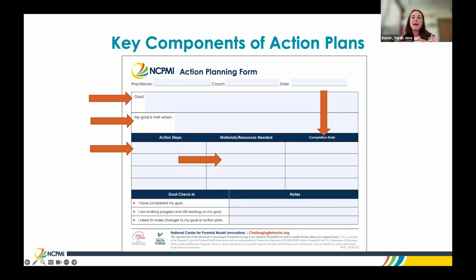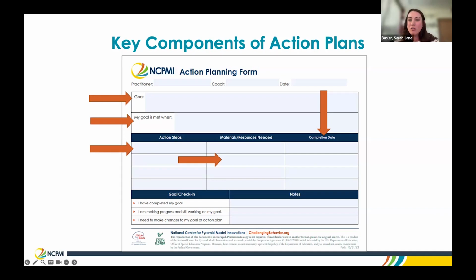So talking about how we moved from using a form like this: when we were working with our coaches in the EIR project, they were pretty good at action planning, but it still was something that they struggled with. They were saying that they had a hard time writing the goals, making sure that they were observable and measurable, and really focused on implementing a practice versus materials and things like that.